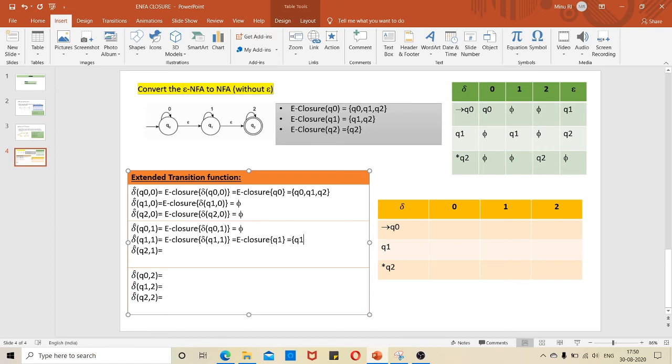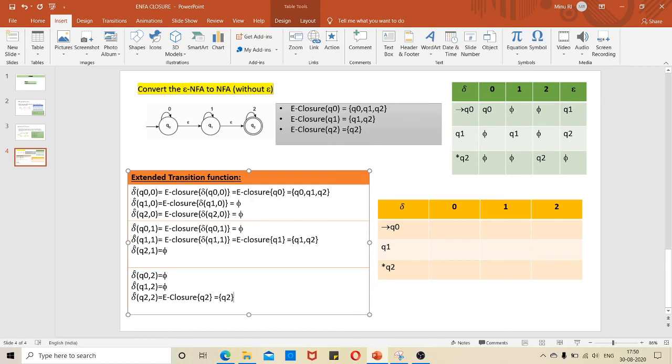So it is Q1 comma Q2. Again in Q2 with respect to 1 it is going to be simply phi, so phi I have given. Same way in the first state with the input 2, it's not going anywhere, so it is going to be phi. Whereas with respect to 2, with Q2 it goes to Q2. So epsilon closure of Q2. Epsilon closure of Q2 is Q2, we have already found.